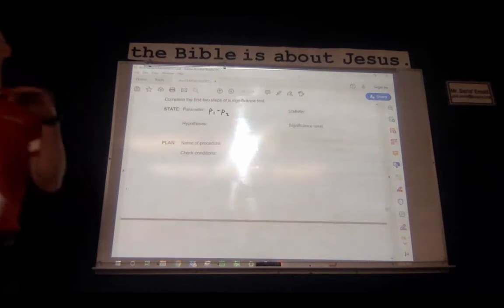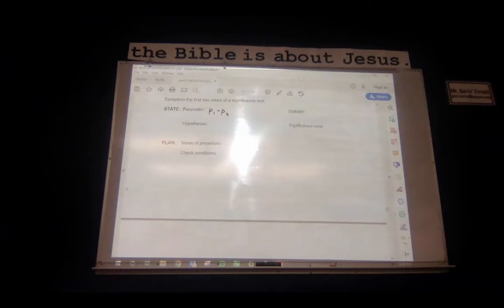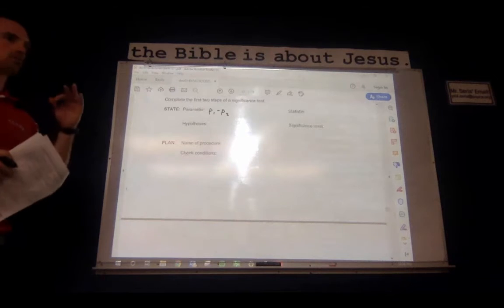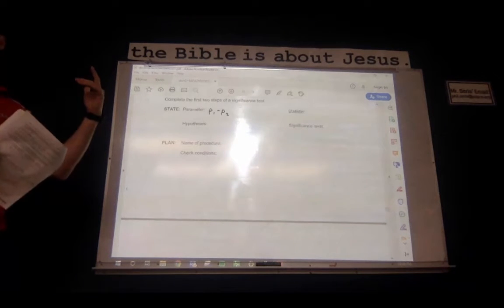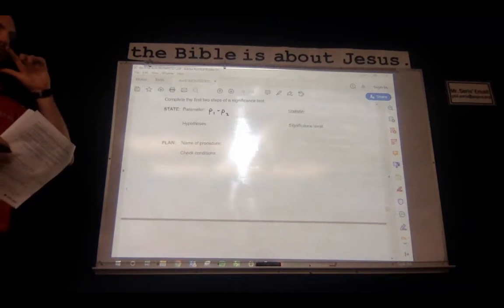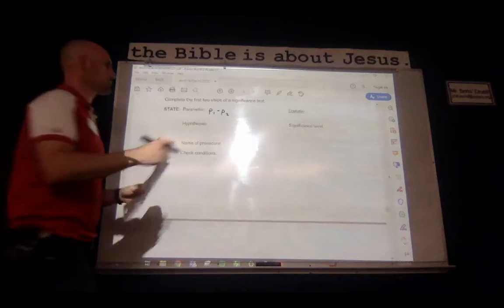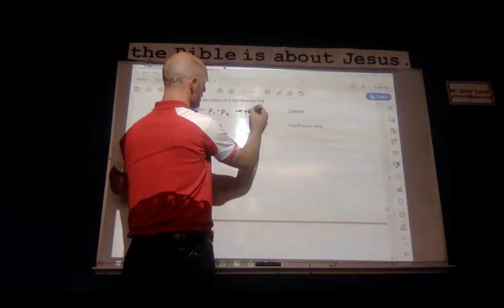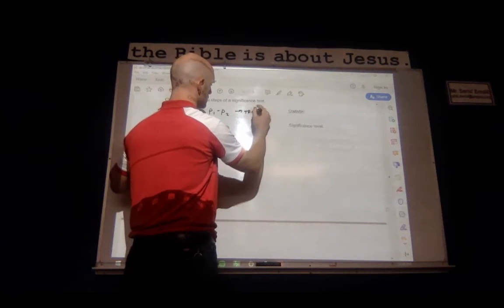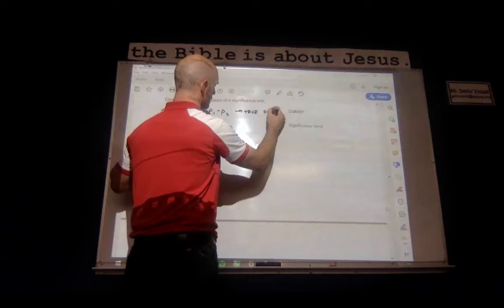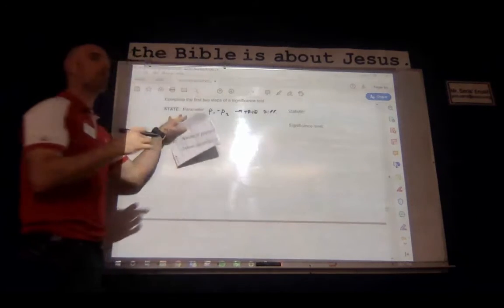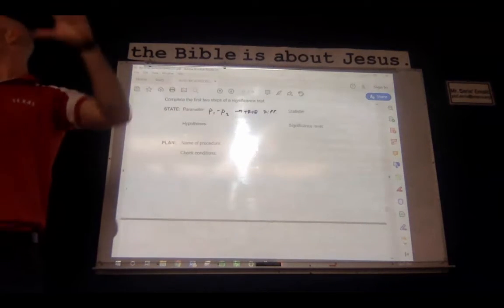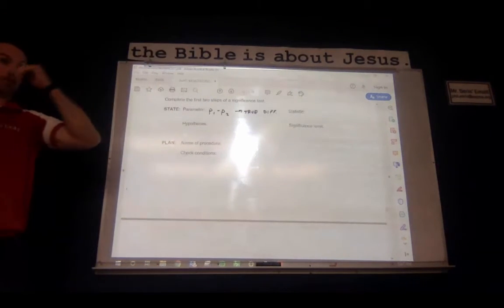So our parameter is P1 minus P2, which, notice I didn't put the hat. Is that equal to each other? Because it's true. No, so that's going to go down here. Hypothesis is going here. So this is the true difference. And remember, our parameters always talk about the whole thing.